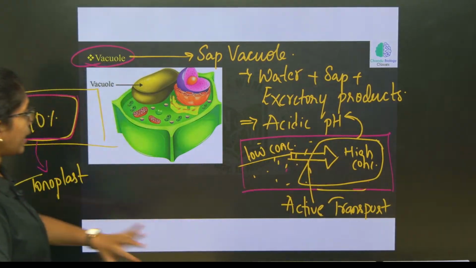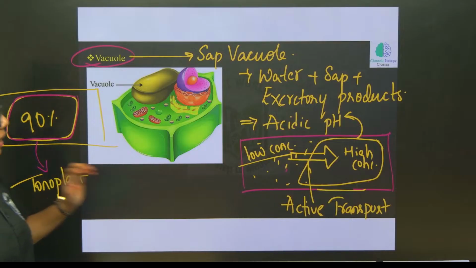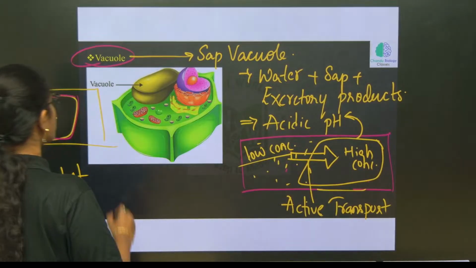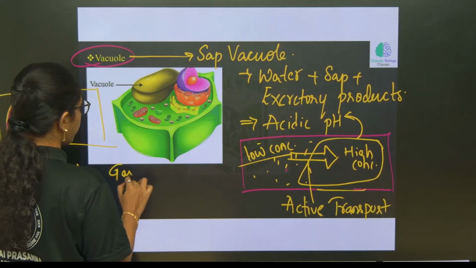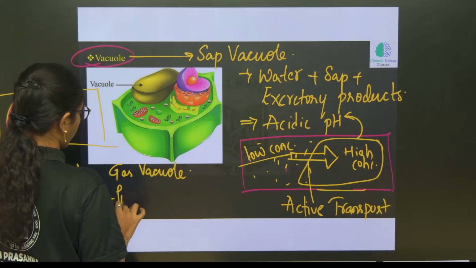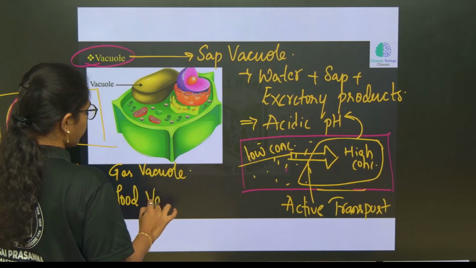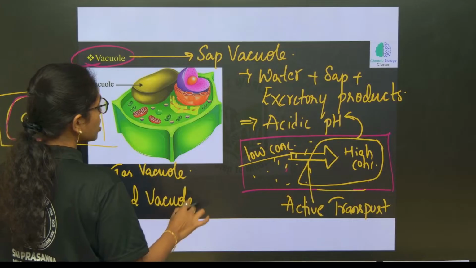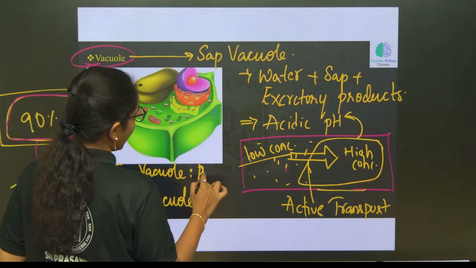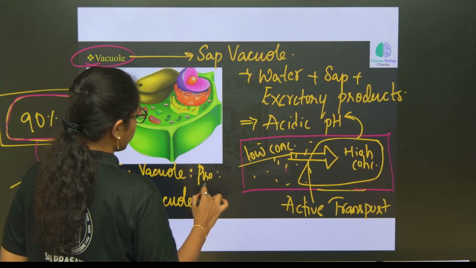Clear, right? And next, different types of vacuoles we can see, like gas vacuole and food vacuole. Gas vacuole seen in the prokaryotic cells helps in buoyancy.